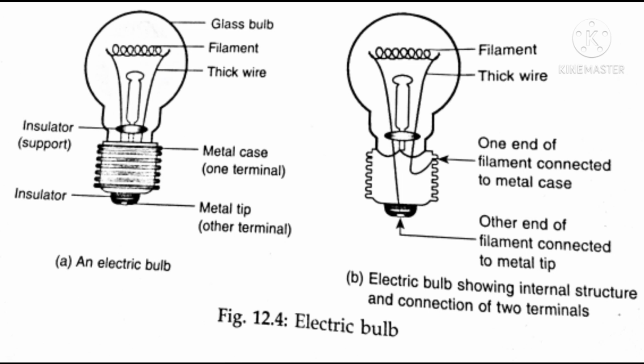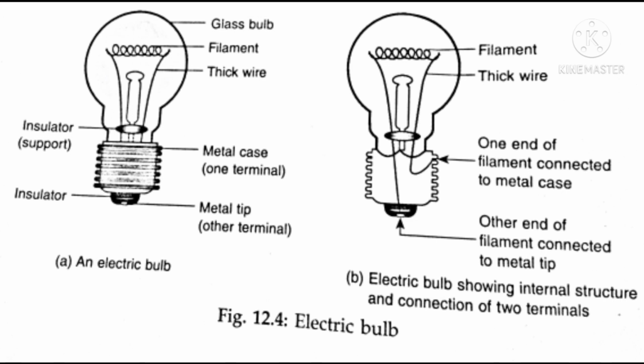See the second image. One thick wire is connected to the metal case, another one is connected to the metal tip. The metal tip at the base of the bulb and the metal case of the bulb act as the two terminals of an electric bulb.